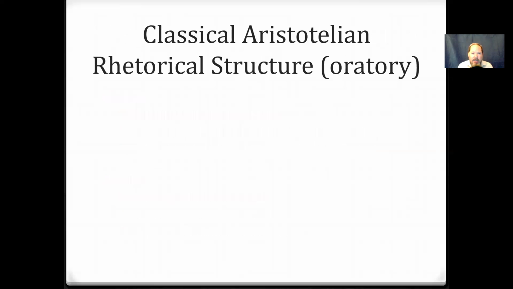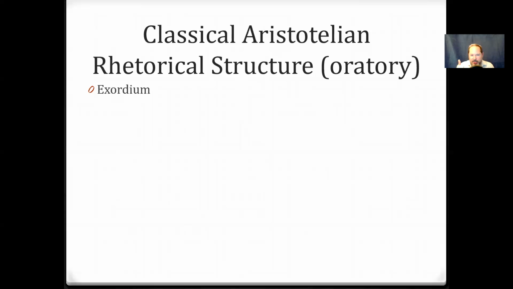Well, think about classic Greek argument, what's called rhetoric in the time of Aristotle. The structure of an argument was actually for oratory, for speech making. They had these steps in the rhetorical structure, what we would call the argumentative structure.